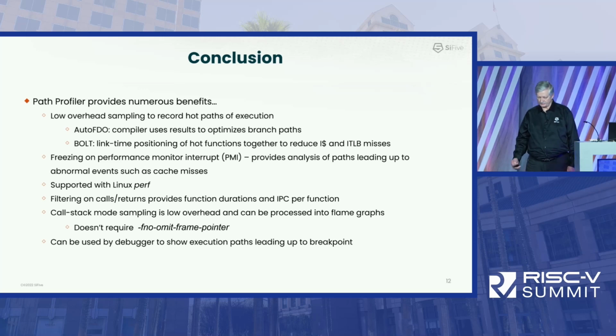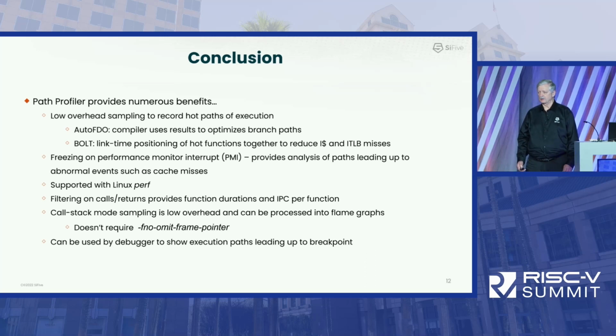I mentioned Bolt, and there's another feature, a Google-based version of Bolt, that is also doing this with LLVM, coupling together functions that are executed often to reduce cache misses. Also, we've talked with someone at Google who's using it with performance counters, to find abnormal cases and then look back at what led up to them to provide information on optimizations.